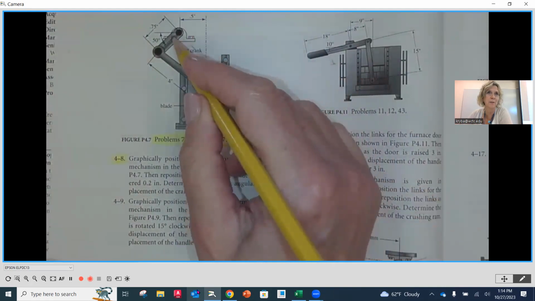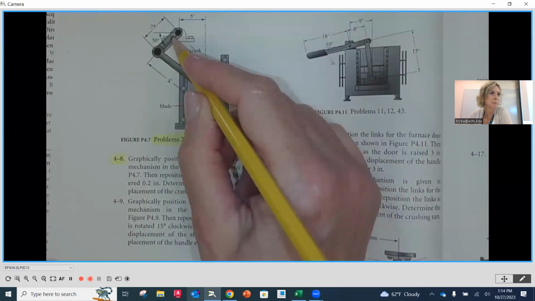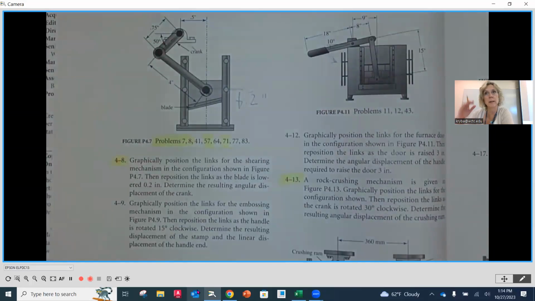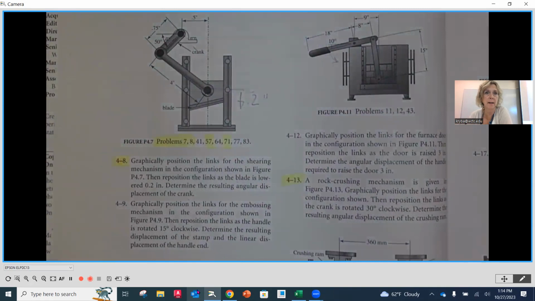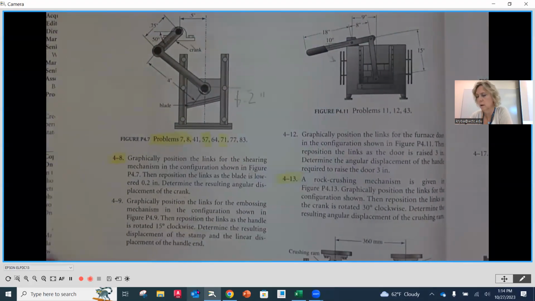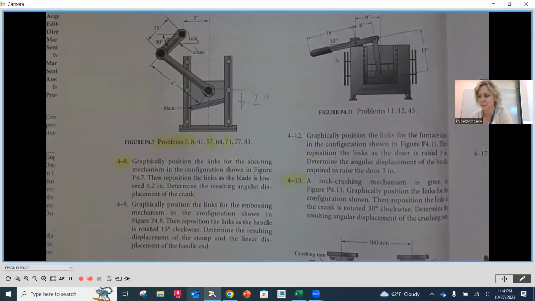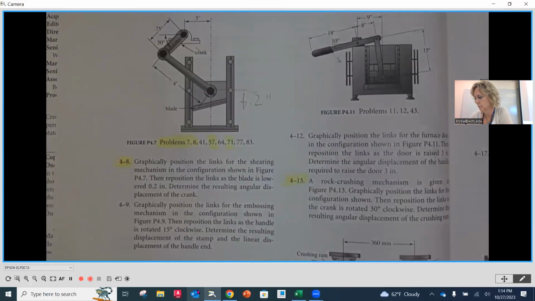What happens over here? So it's kind of like an opposite problem. We're actually doing the output and we want to find out where the input, the crank, is at that position. So just manipulating it a little bit differently. Questions on that? All right.